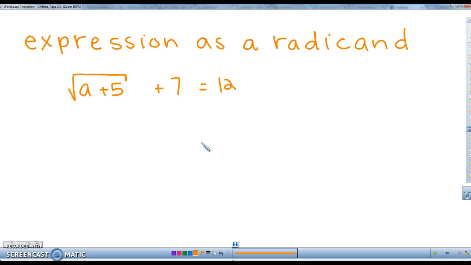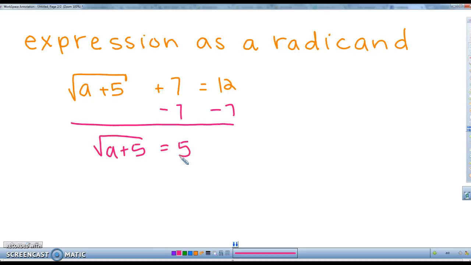Okay, so there's my problem. Again, I'm going to try to get a by itself, which means getting the radical by itself first, and then within the radical we can move things around. So the first thing I want to get rid of is that 7, and I'm going to subtract 7 off both sides. So then I have the square root of a plus 5 equal to 5.